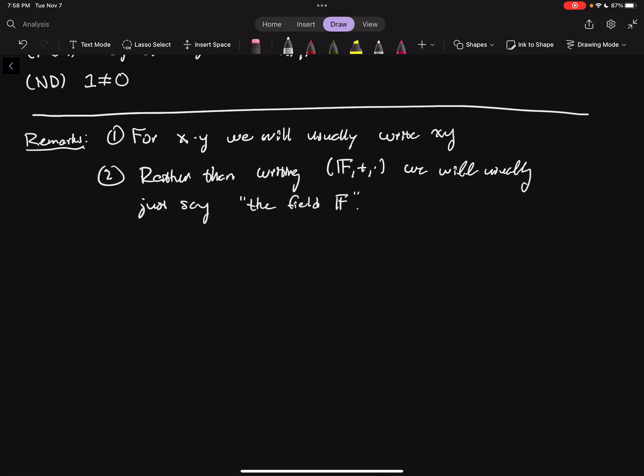One of them is the set F, and the other 2 are these binary operations, but it's really tedious to write that. And as long as the context is clear, there's not any possibility of confusion.